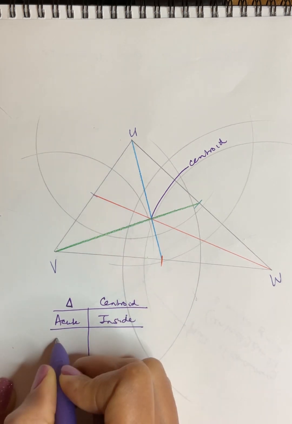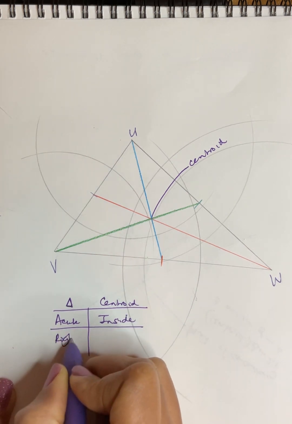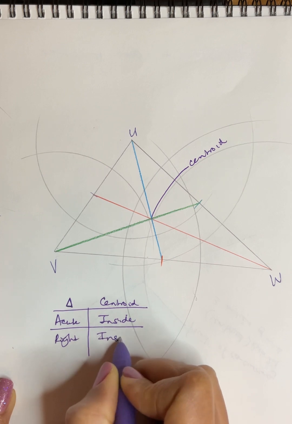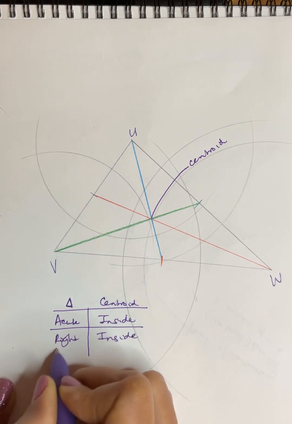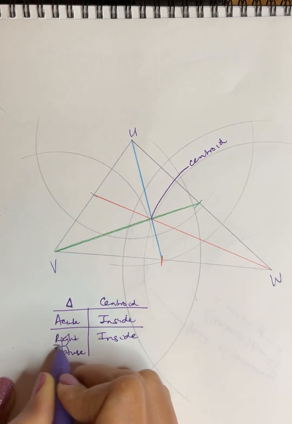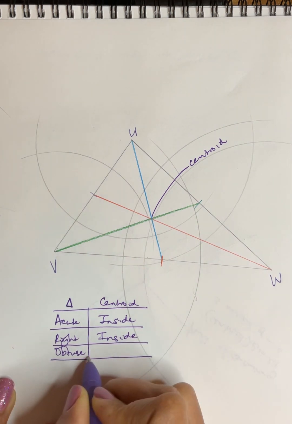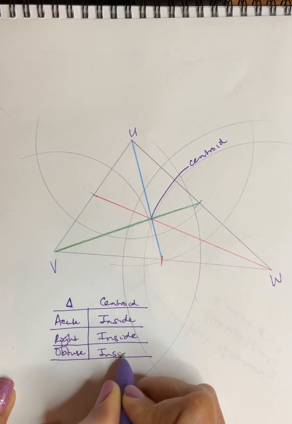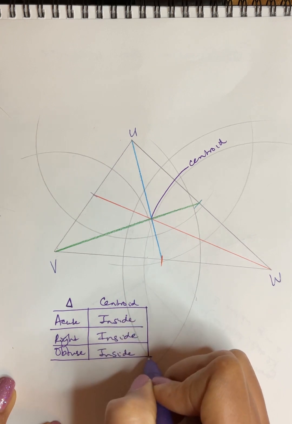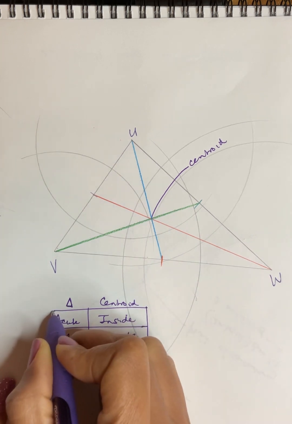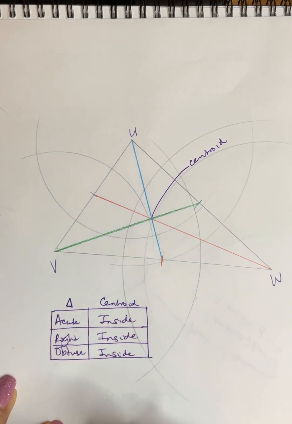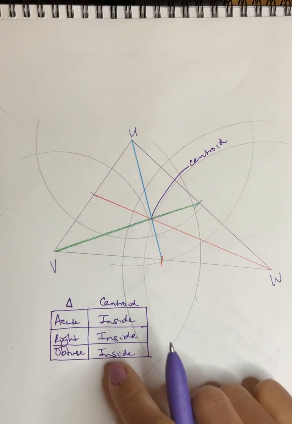And for a right triangle, they meet also on the inside, and for an obtuse triangle, they also meet on the inside of the triangle, the centroid. So this is a good way to memorize where they meet once you have this.